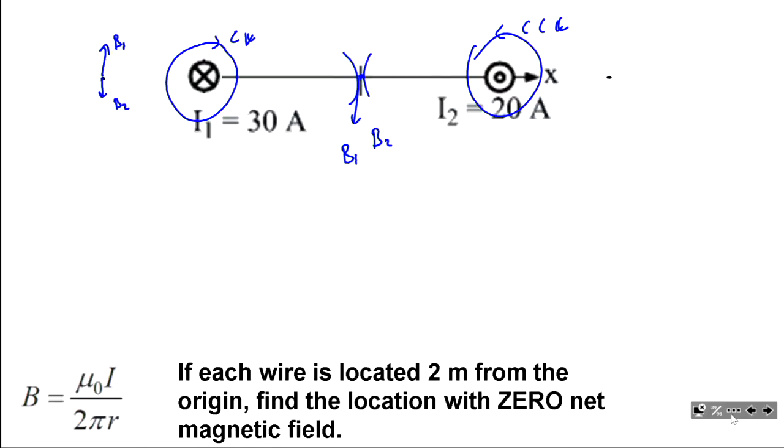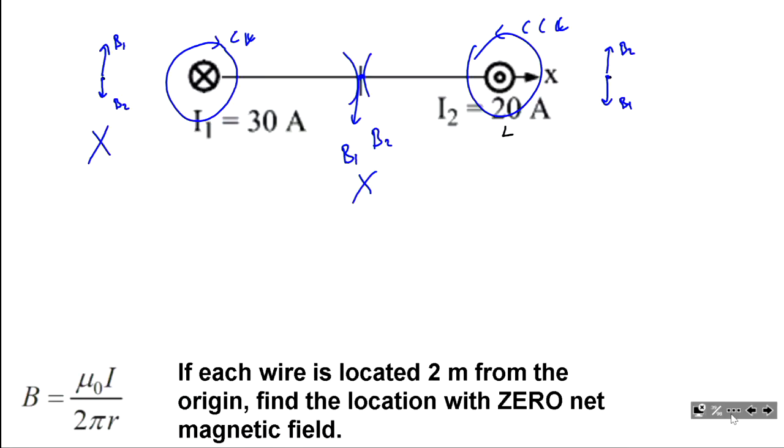But magnetic field number 1 will always be stronger because it's closer to the stronger current. So what's left? Here, to the right of the system, magnetic field number 1 points down, and magnetic field number 2 points up. And technically, there could be a certain location where they have exactly the same magnitude. That's exactly what we are looking for.